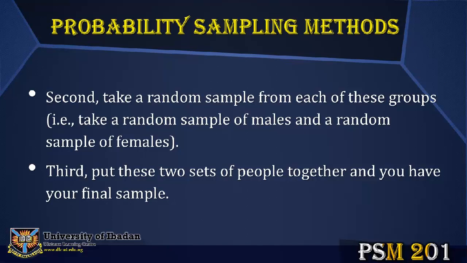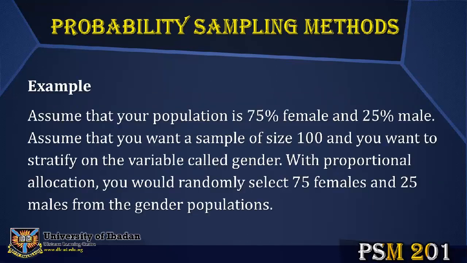On a final note, since each stratum is treated as an independent population, different sampling approaches can be applied to different strata. It is also advisable that proportional allocation be applied in taking a stratified random sample. In proportional allocation, you make sure your subsamples, e.g., the samples of males and females, are proportional to their size in the population.